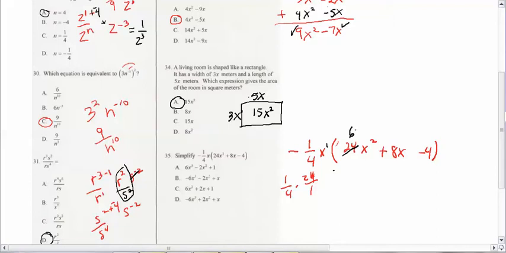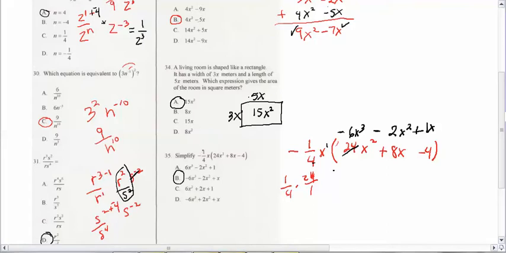So it's 6x to the third. And one's negative, one's positive, so it's negative. 4 will go into 8 2 times. X times x is x squared. But one's positive, one's negative, so it's negative. 4 will go into 4 one time, and there's an x left, and then negative and negative is a positive. So I'm looking for negative 6x to the third, negative 2x to the second, plus x. I found my answer choice.